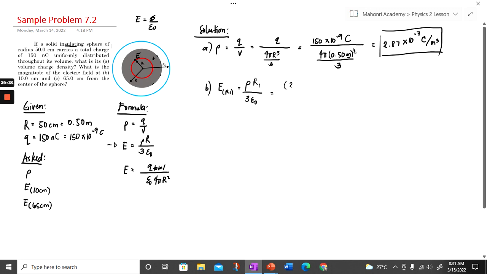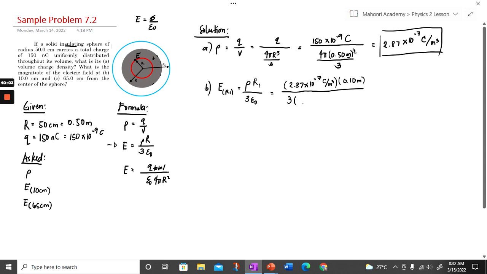So that will give you 2.87 times 10 raised to negative 7 coulombs per meter cubed, multiplied by R1, which is 10 centimeters, or 0.1 meters, and then divided by 3 multiplied by the permittivity of free space.